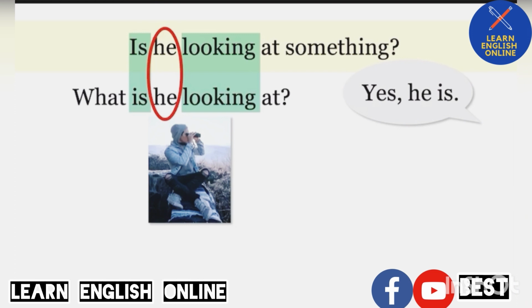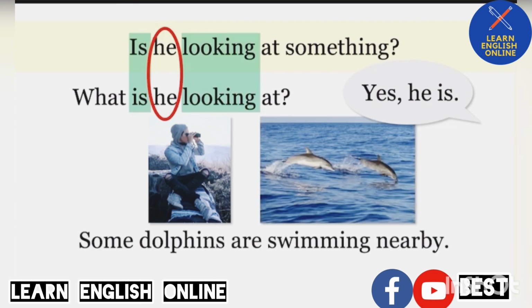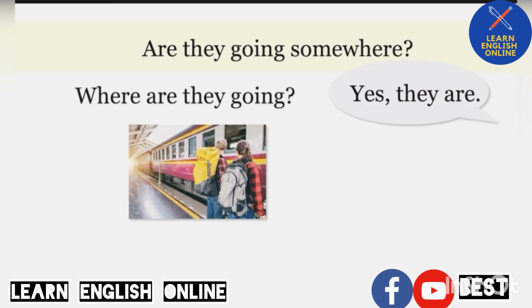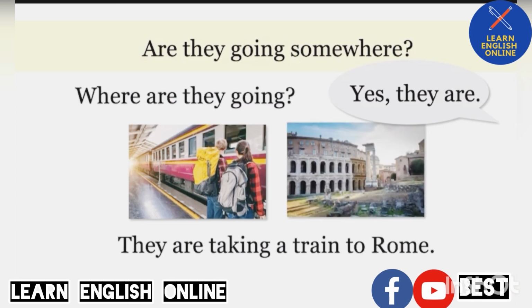What is he looking at? Some dolphins are swimming nearby. Are they going somewhere? Yes, they are. I need more information. Where are they going? They are taking a train to Rome.